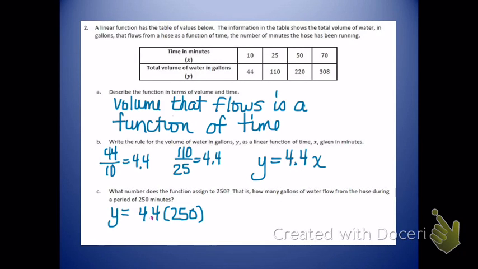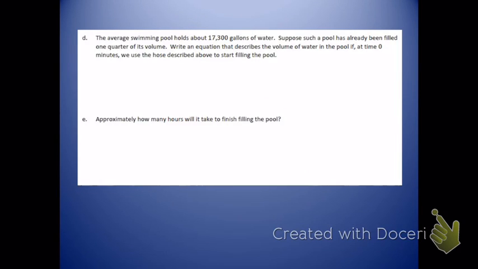Put that into the equation, and I get my answer of 1,100 gallons. So in 250 minutes, 1,100 gallons flowed out.